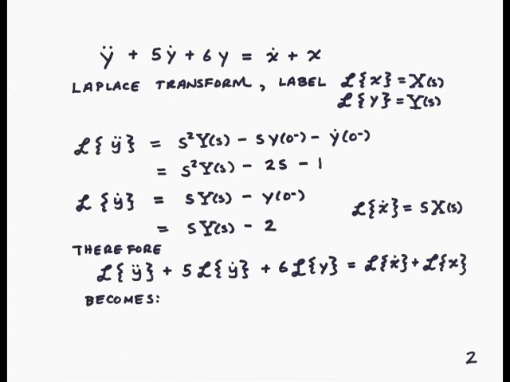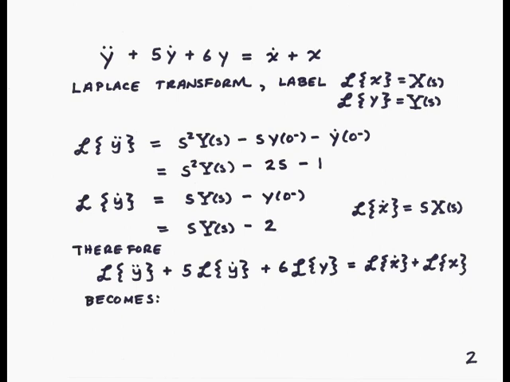So for two derivatives of y, we have the Laplace transform of y double dot. It's s squared y of s minus s y at time 0 minus minus y dot at time 0 minus. Plugging in our particular initial conditions, this is s squared y of s minus 2s minus 1. Laplace transform of y dot is s times y of s minus y at time 0 minus.